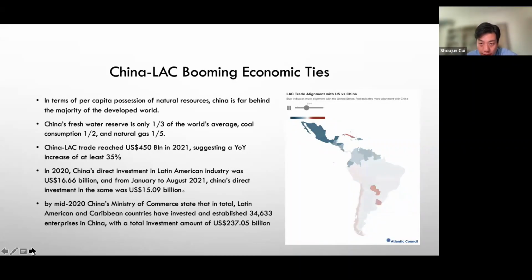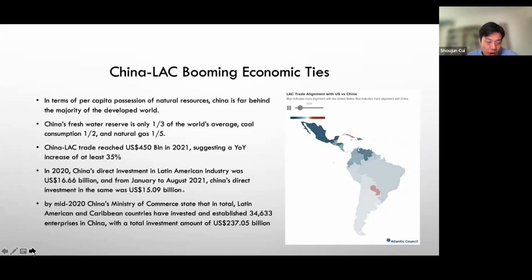So if you look at the economic data, you can see there's a very booming economic tie. China is a large country, but China is short of natural resources.